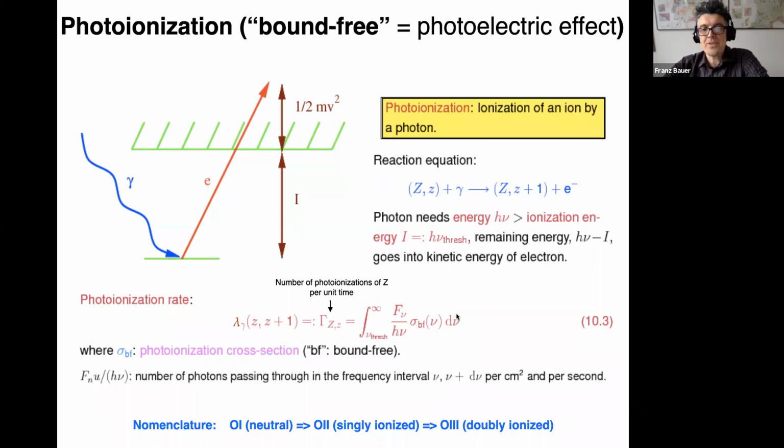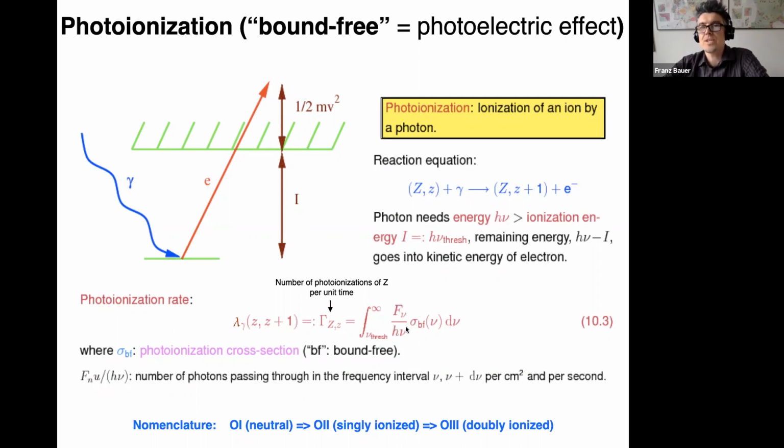We can think about this as there's a cross-section as a function of frequency for this electron to intercept this photon, and then we integrate over all frequencies. This thing here is the number of photons passing through some interval, so this is the photon flux.